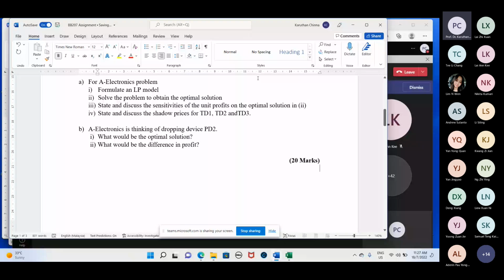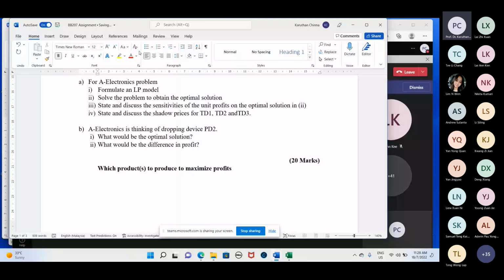Which product or products to produce, maybe just one product, in order to maximize profit. Okay. So the first and the third are maximize. The second one is minimize. All right.